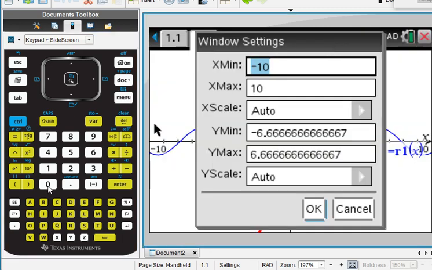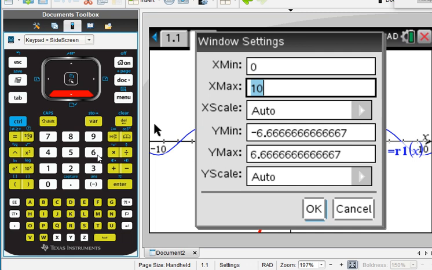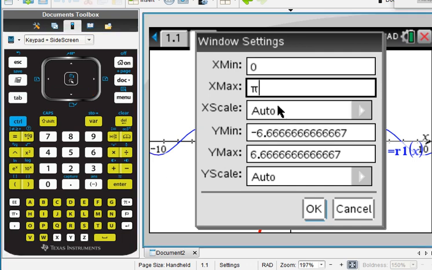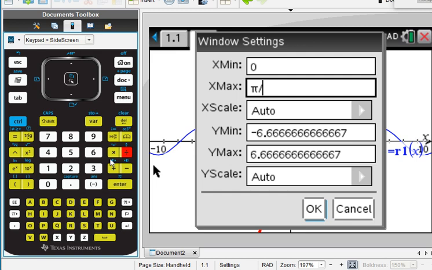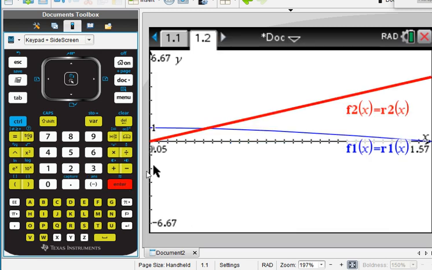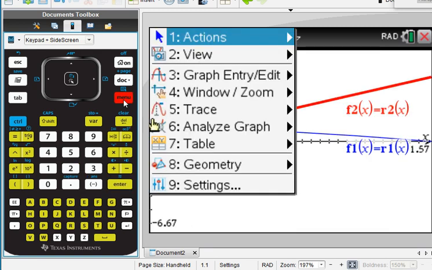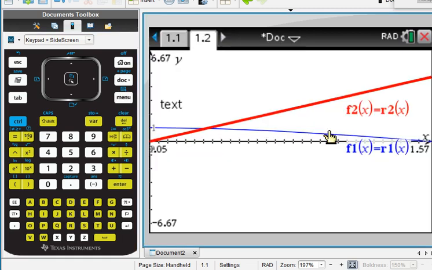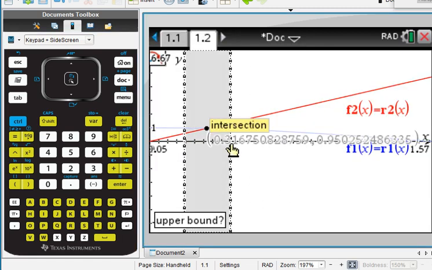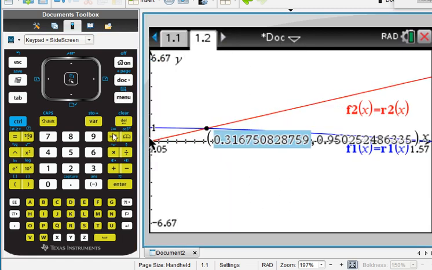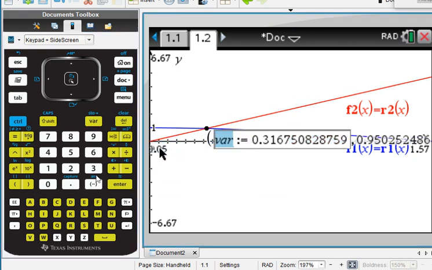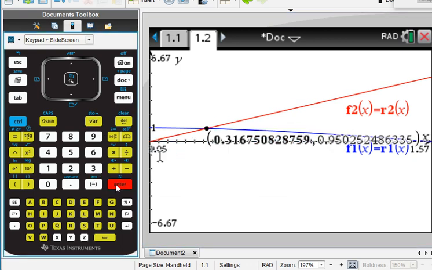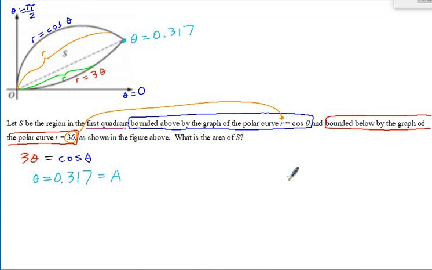We really are only looking between 0 and pi over 2 on our x min and max. And there it is. So menu, analyze graph, intersection. Lower bound here, upper bound to the right of it, and there it is, same value. And store it as a. Alright, let's finish setting it up for the area now.